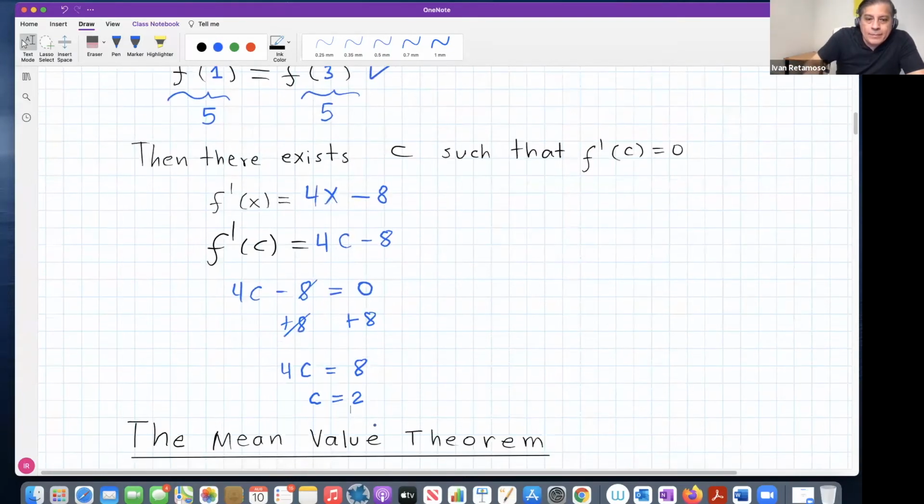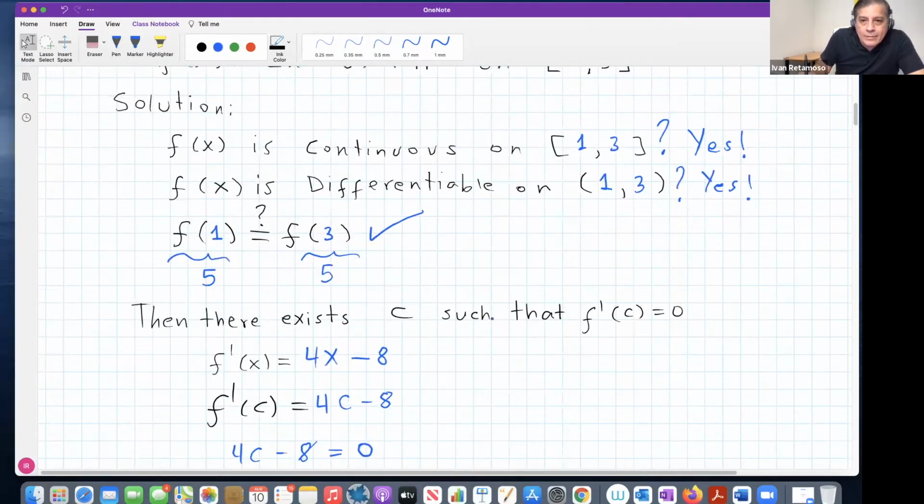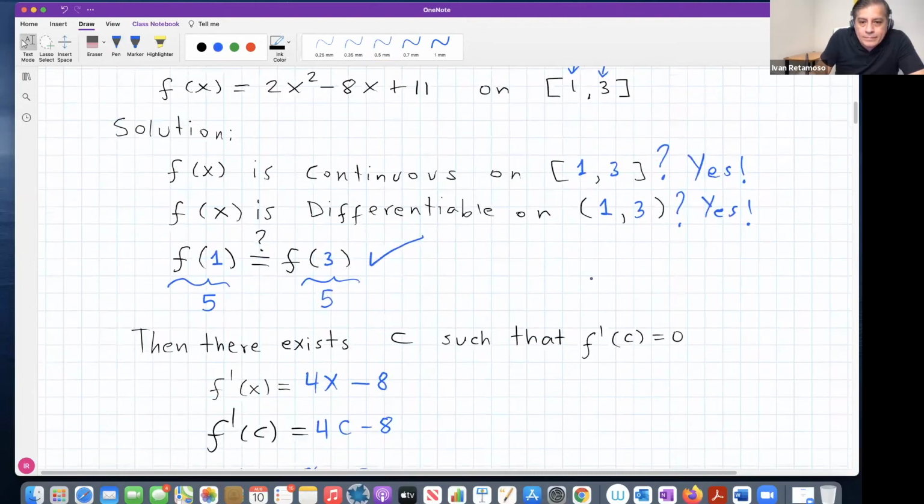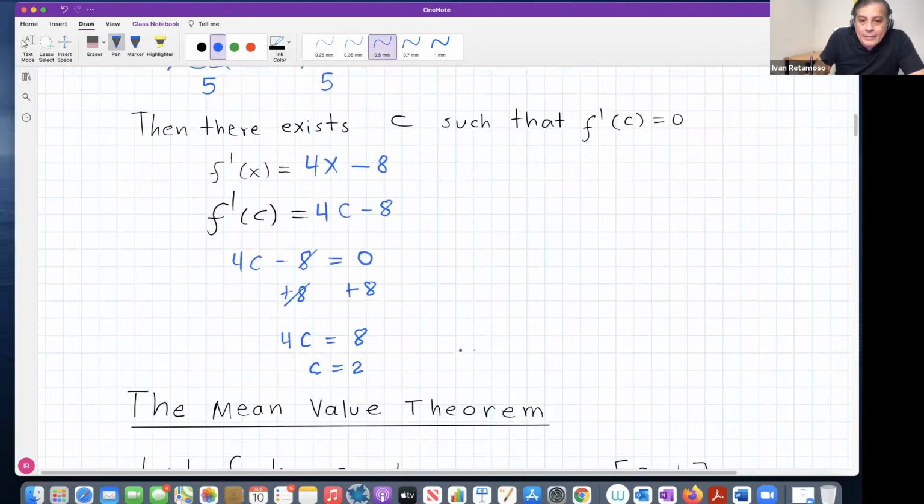C equal to 2 is a real number between these two numbers, 1 and 3. It's inside, somewhere in there, such that the derivative evaluated at 2 is equal to 0, right?